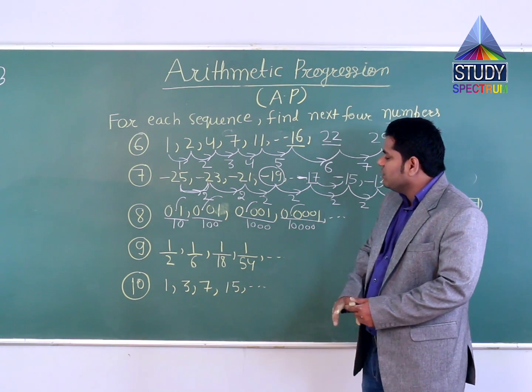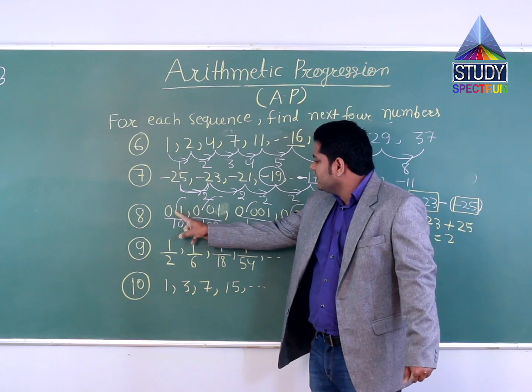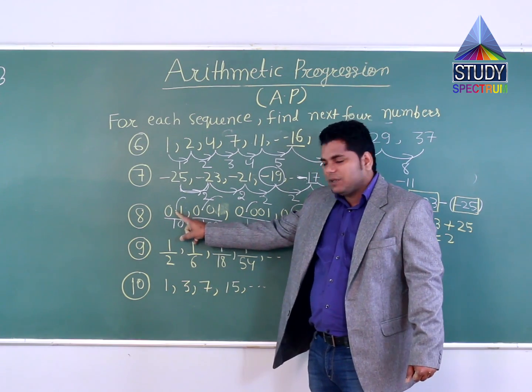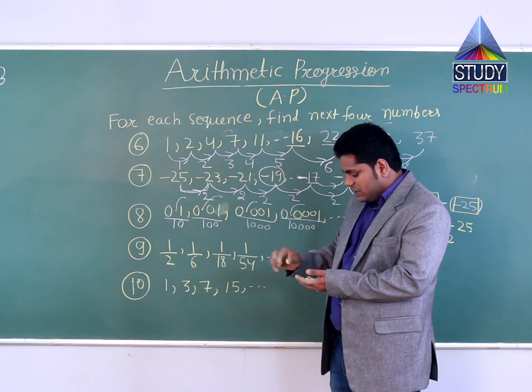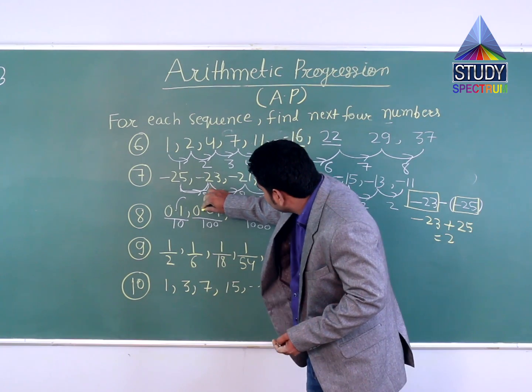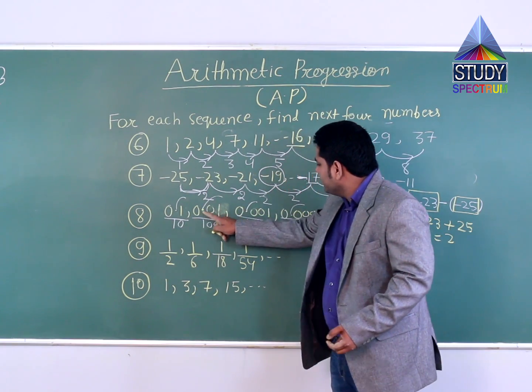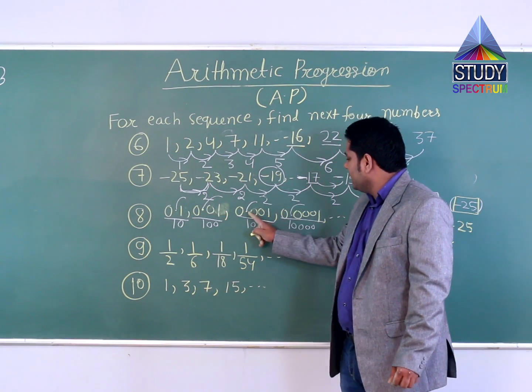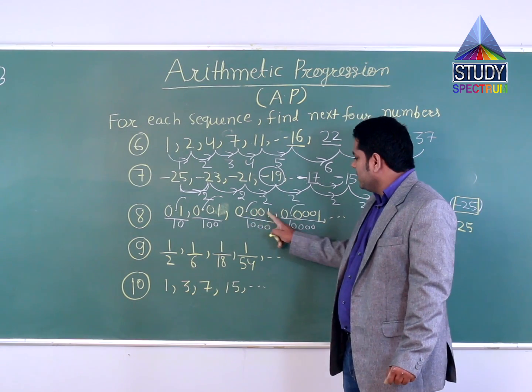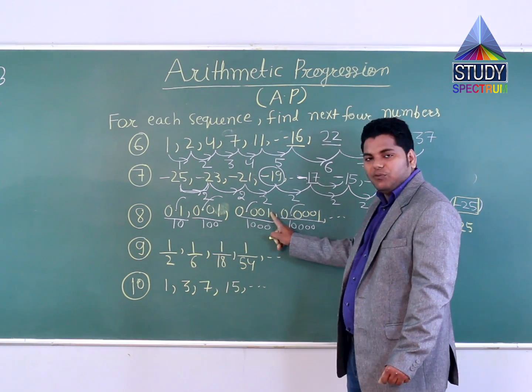In another way, you can say there is no 0 after the decimal point here. Here there is 1 zero between the decimal and 1. Here we have 2 zeros between the decimal and 1.